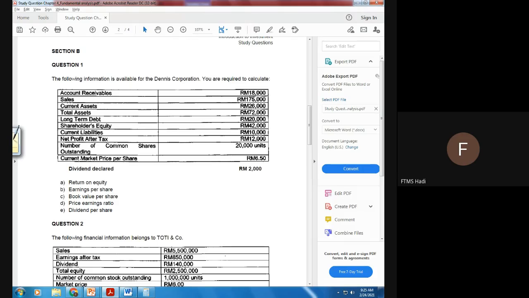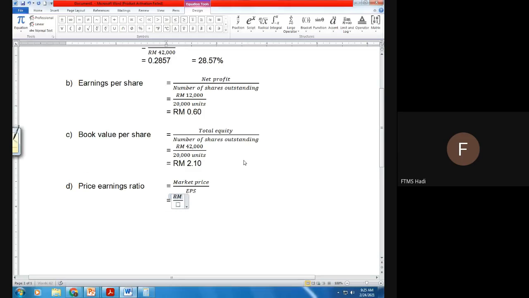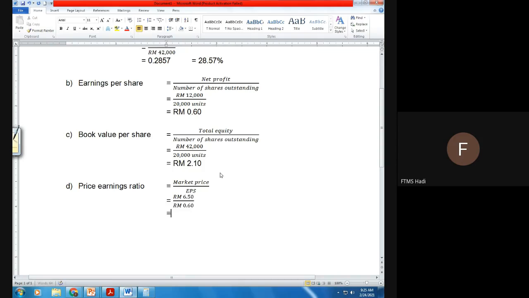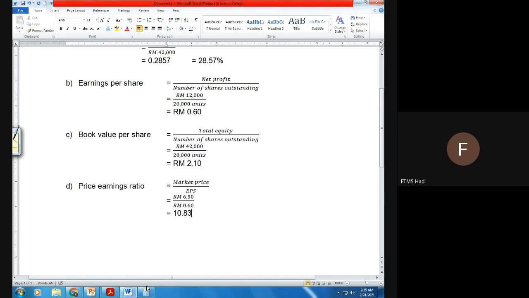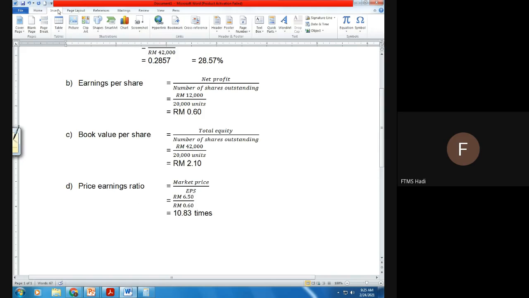You see this one, current market price per share, RM6.50, divided by EPS, 60 cents. So the answer will be in times, 10.83 times.